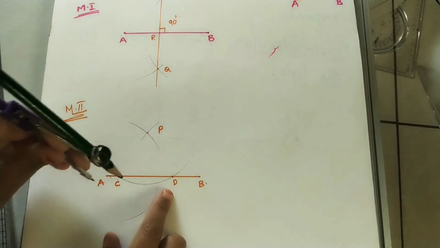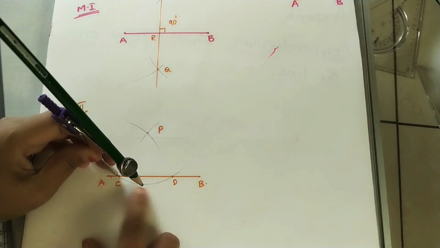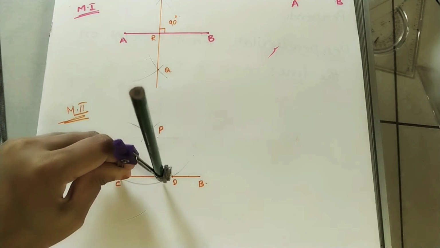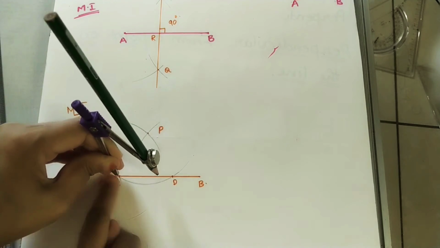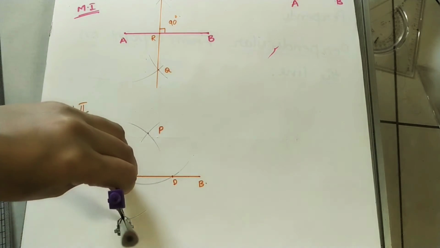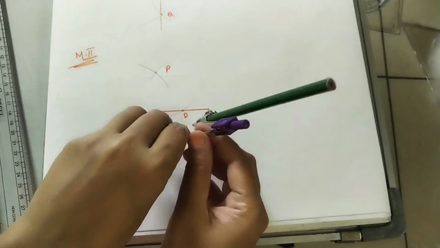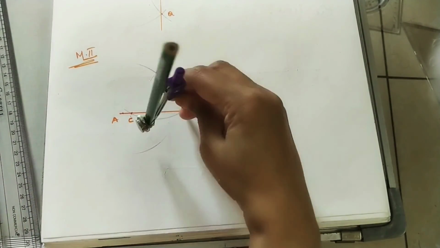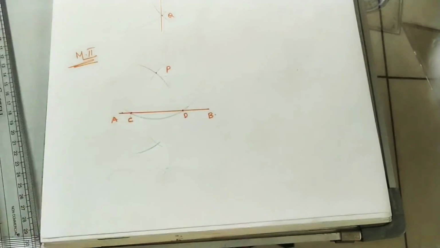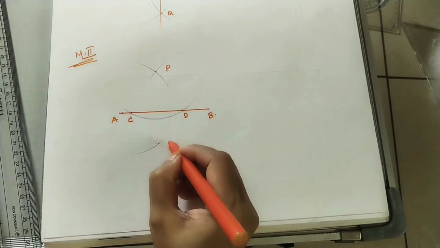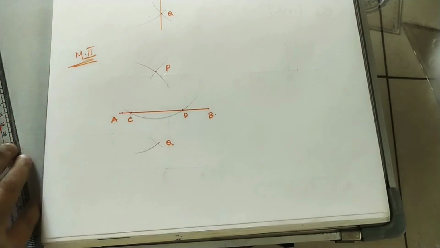Bisect this arc, which means divide this arc into 2 parts. Take more than half of the CD length. Do an arc from C. Take the same radius with D as center and cut this arc. Whatever intersection point is coming, let us take it as point Q.